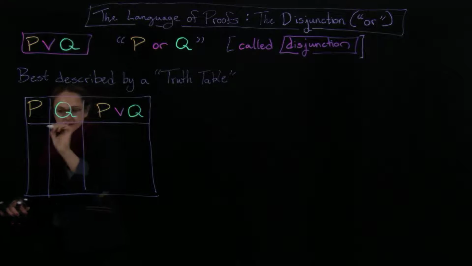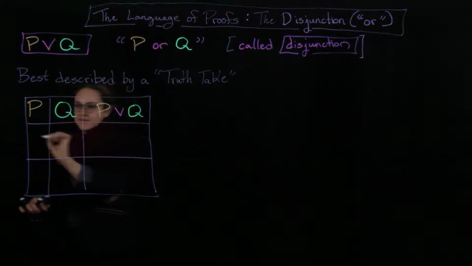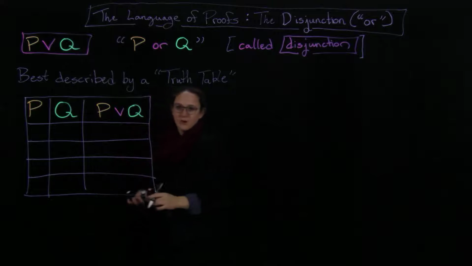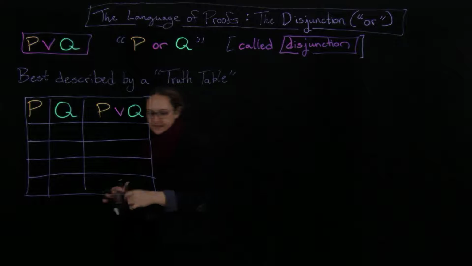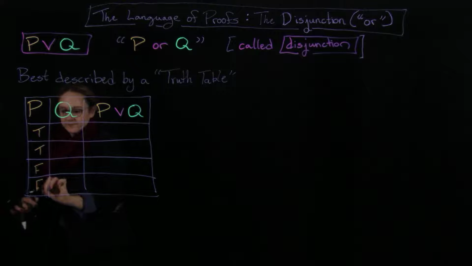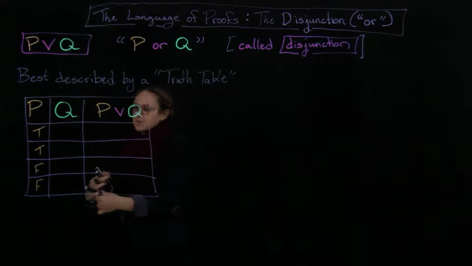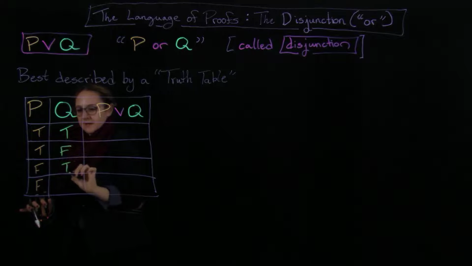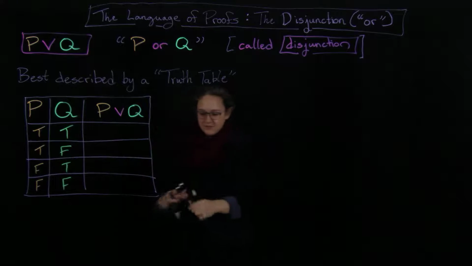There are four circumstances, because for each of P and Q, they can be true or false. So we have the circumstances where P is true or false, and where Q is true or false. Now we have all the combinations of true and false.